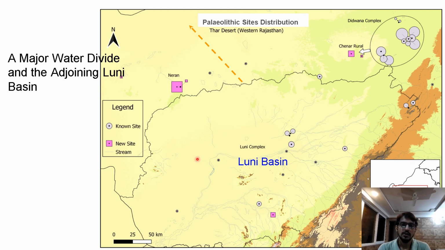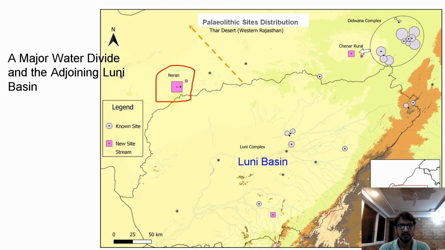Okay, in another view, we have multiple Paleolithic archaeological sites in the desert. Now, our questions start with this major site of the desert, which we recently recognized here, Neran. Interestingly, this site is located in the interior of the desert, and it is the first of its kind in the desert, almost away from all major known sites and also away from the major water sources.